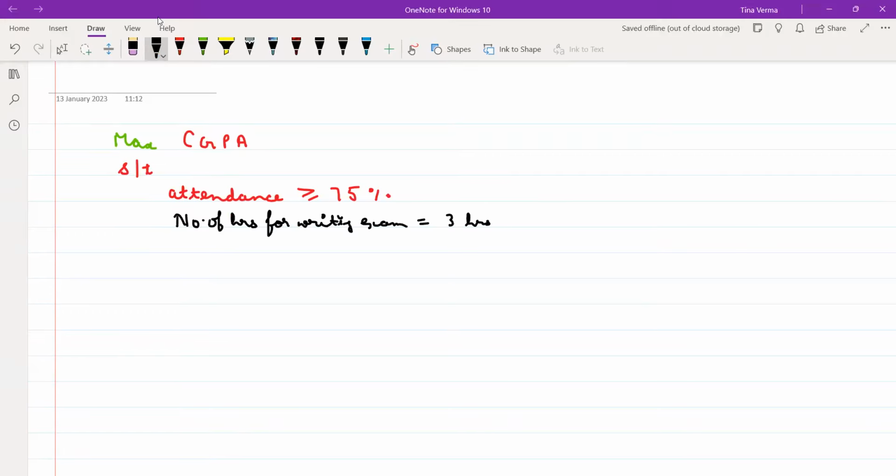And then suppose you are coming from home and you got late for the exam, but after 1 hour you are not allowed to come into the examination hall. That means entry to the examination hall should be less than or equal to 1 hour before the commencement of your exam.